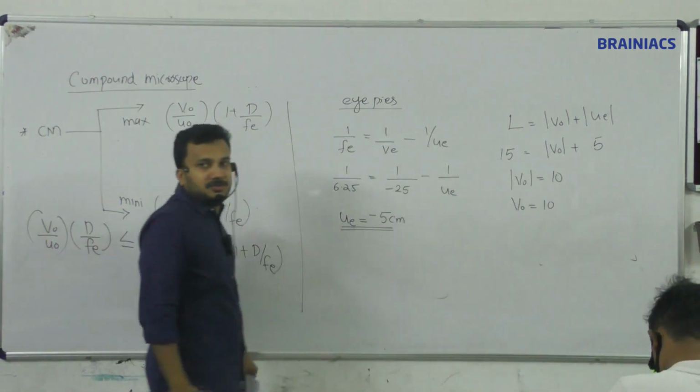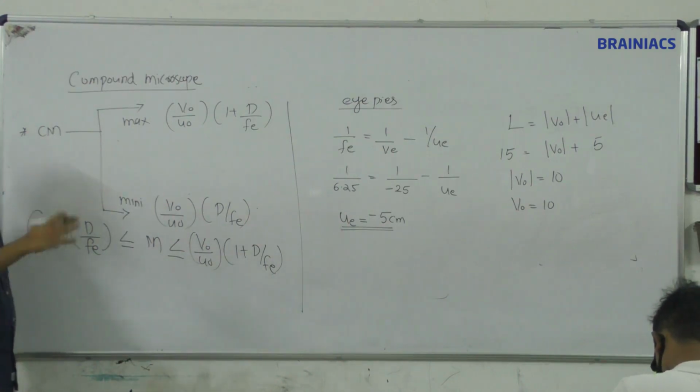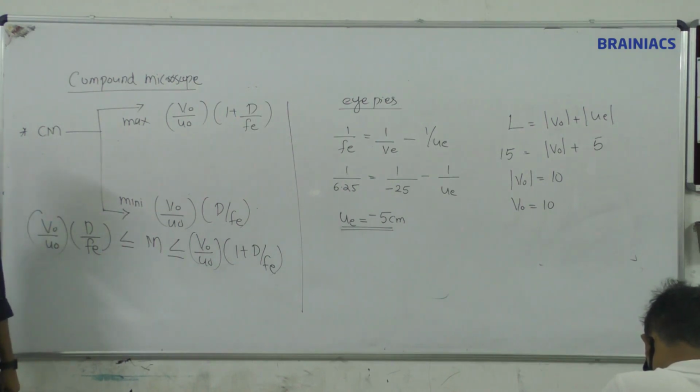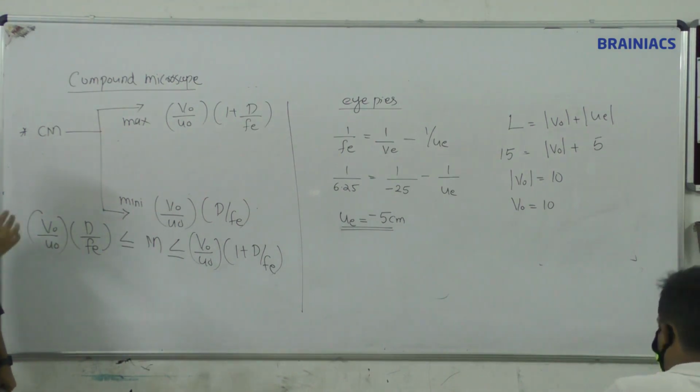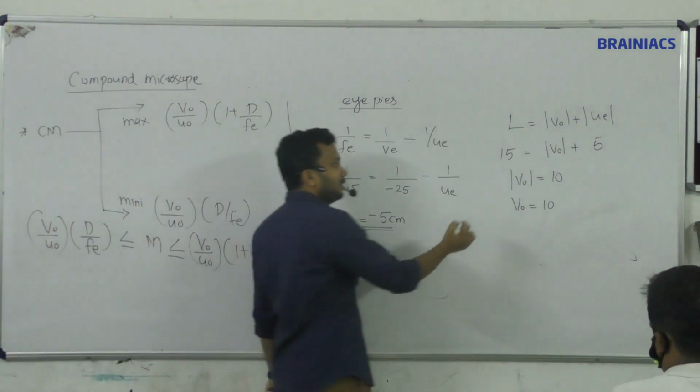Plus or minus 10 options are there, but we don't know how to decide whether V0 is positive or negative. See, modulus of V0 is 10, so V0 can be plus 10 or minus 10. But for a compound microscope, plus or minus V0? Plus, right? V0 means the image formed by the objective lens, on the right side, positive. So it is 100% positive.